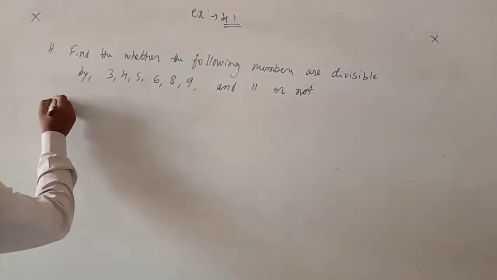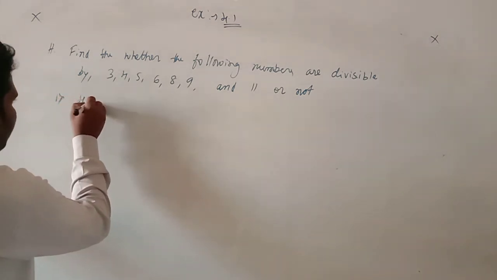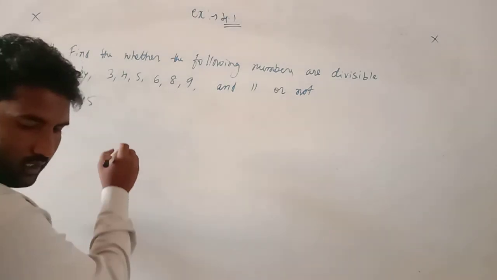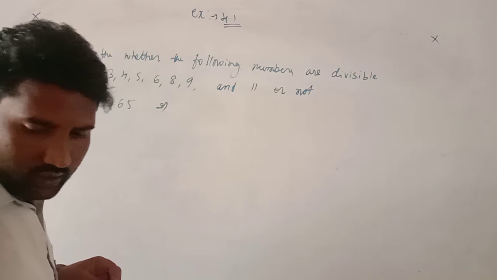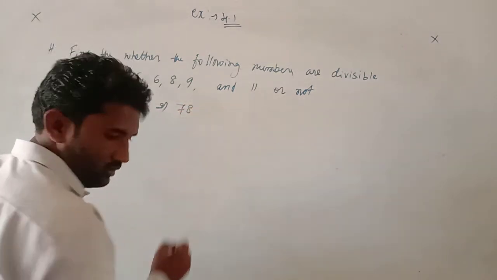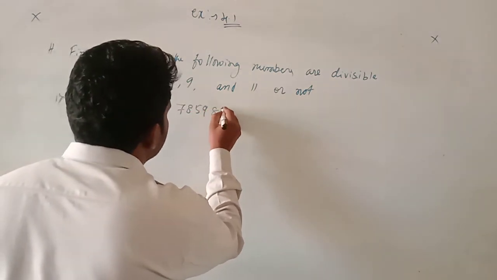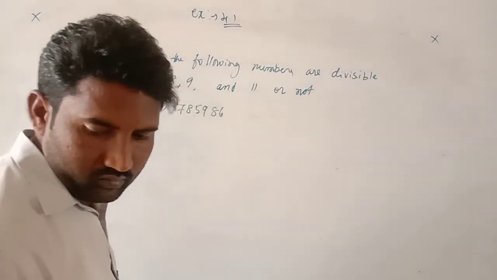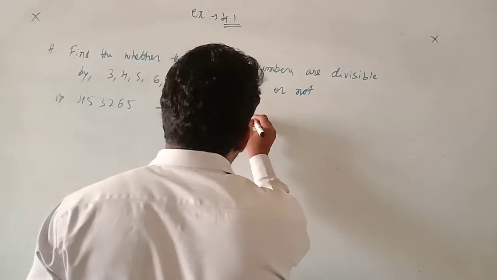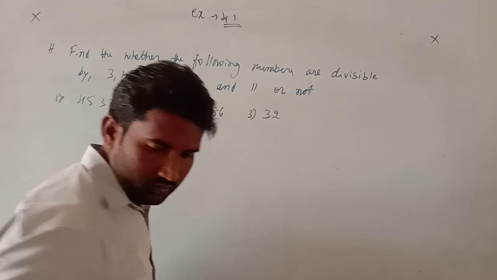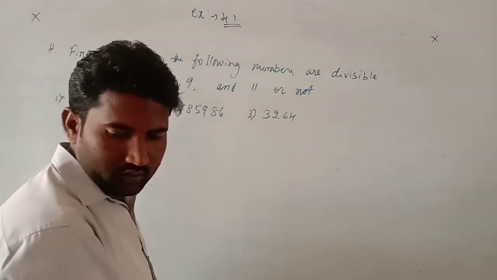So the first one is 453265. Second one 785986. Third one 326436.